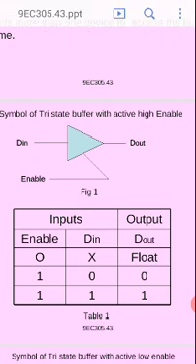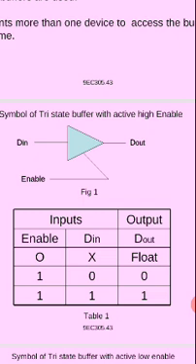It can be called as a high impedance state. If enable is 1 and the D in is 0, output is 0.